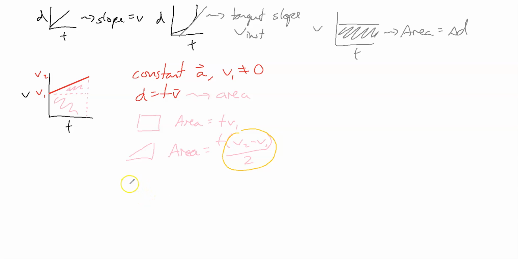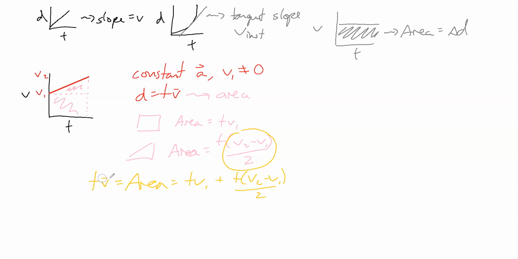For example, the total area all together would be t v1 plus t times v2 minus v1 all over 2. I'm going to multiply this out a little bit, bring the 1/2 in front, and we know this is going to be equal to dtv.